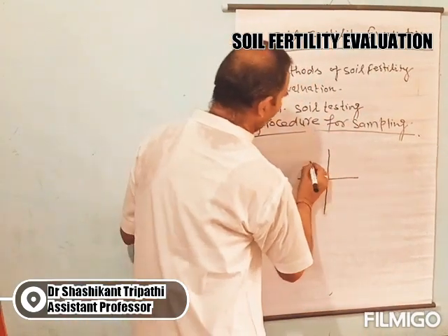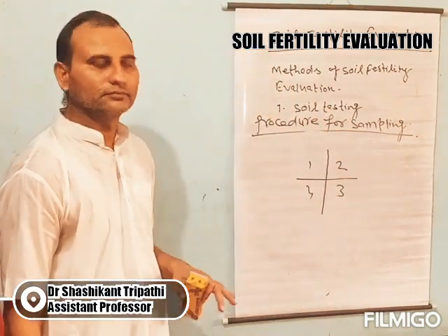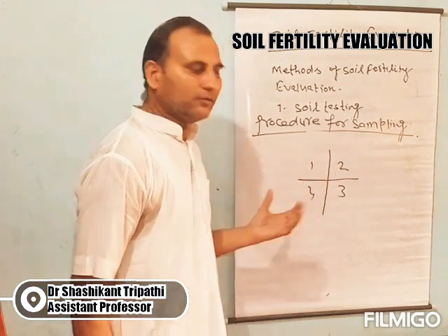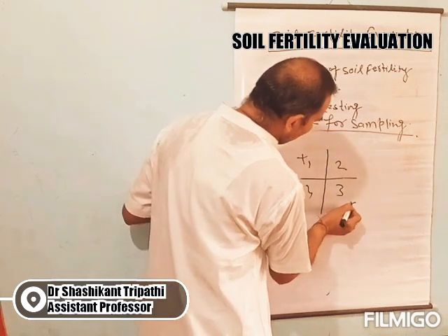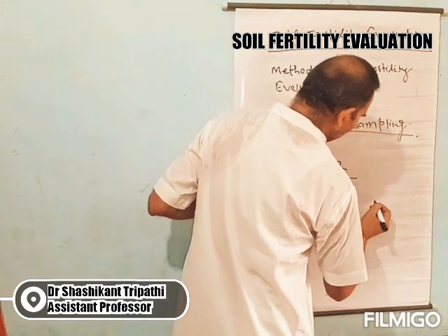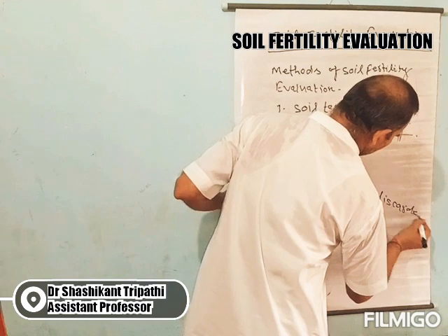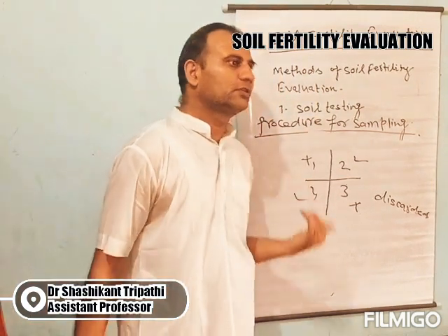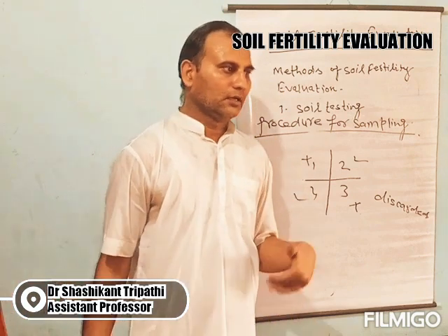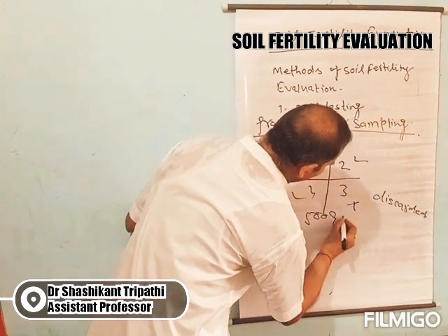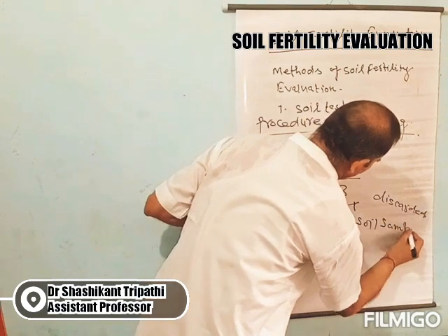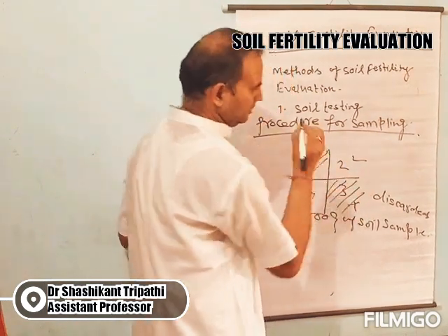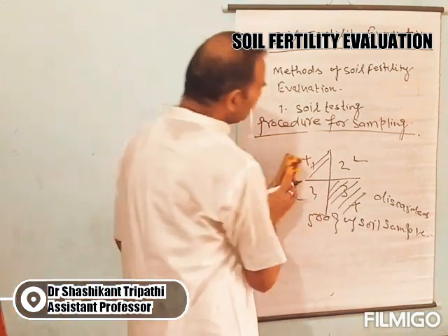Quartering the samples: first, second, third and fourth quarters of soil sample, mix well and divide into 4 equal parts, and first 2 opposite quarters of soil are discarded, and the remaining 2 parts of soil are taken and remixed, and the procedure is repeated until the 500 gram soil sample. This is the procedure of quartering of the sample.